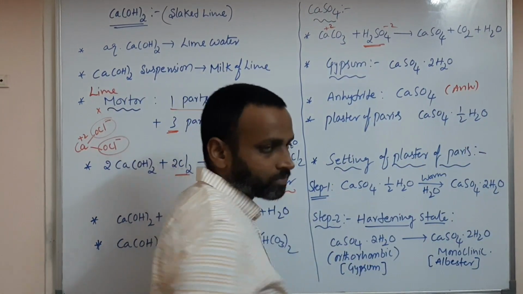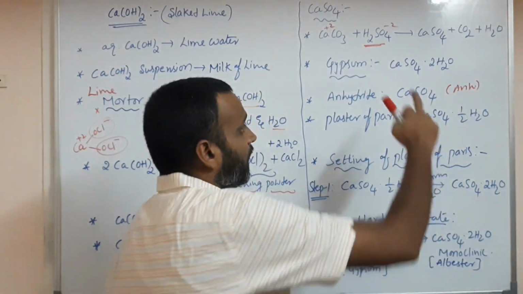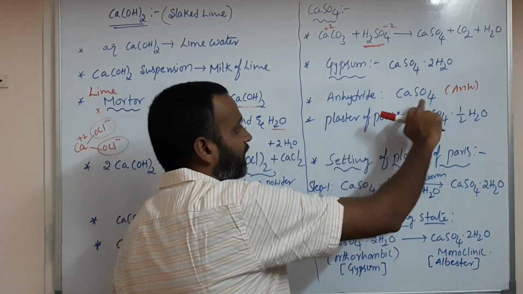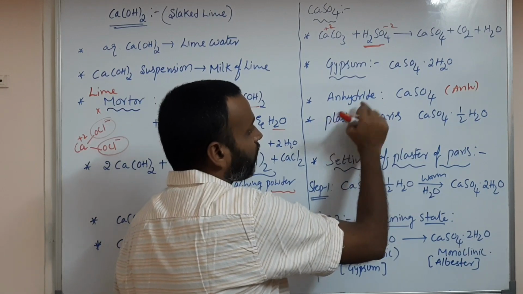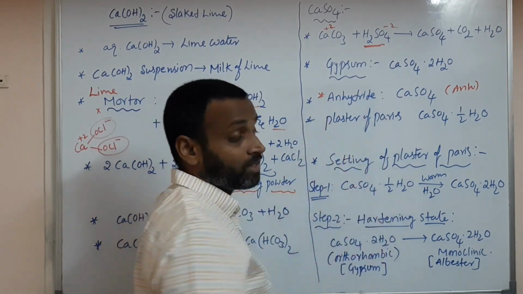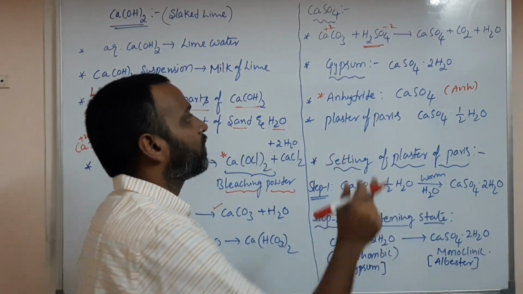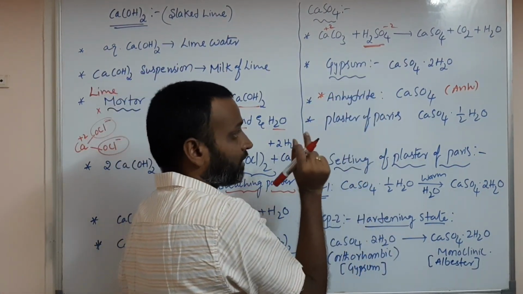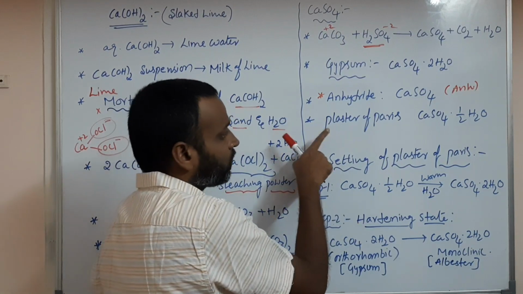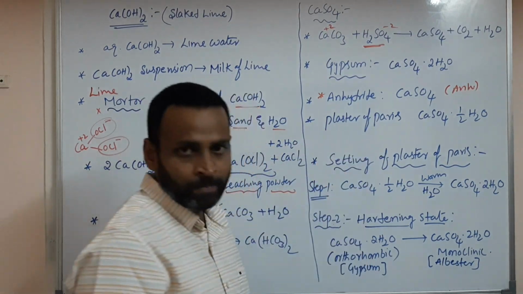They can ask which of the following indicates anhydride, or what is the formula of gypsum, and like that they can ask questions. And one more, they can ask plaster of Paris.